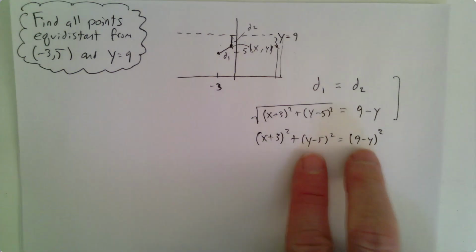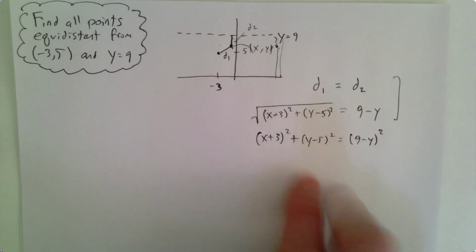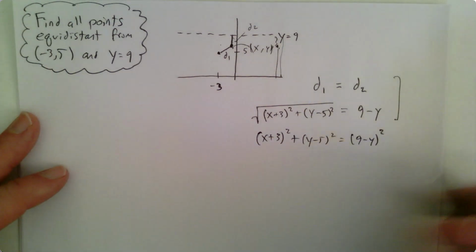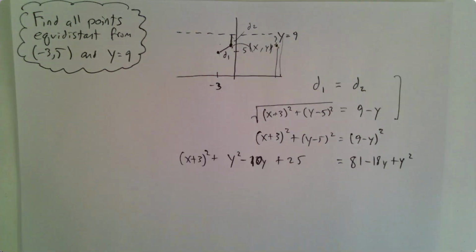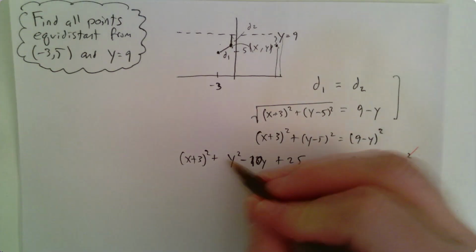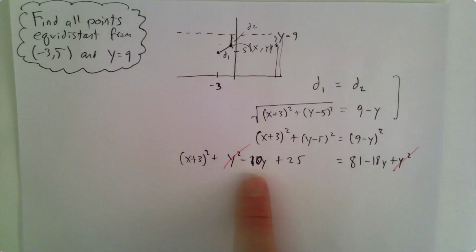So if I expand both of these, I'm hoping that I can combine them together to simplify. Because this is the only term with x's in it, it wouldn't make sense to expand this one. So let's just expand the y terms. All right, there we go. Let's notice what cancels. So if I subtract y squared from both sides, those are gone. Let's move all the y's over to the right and everything else over to the left.